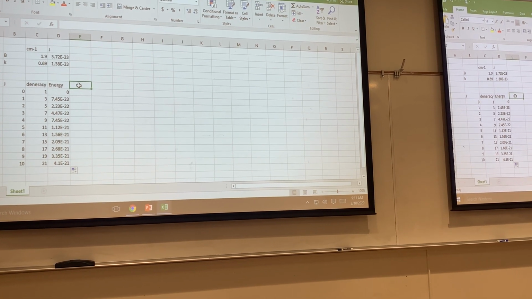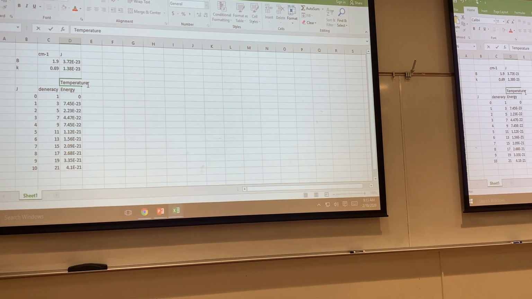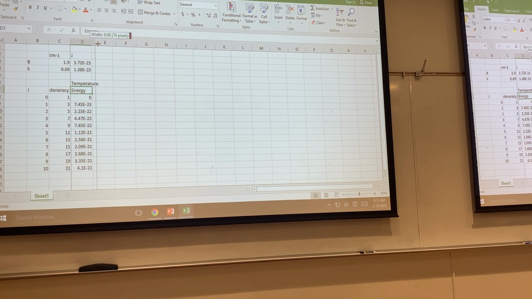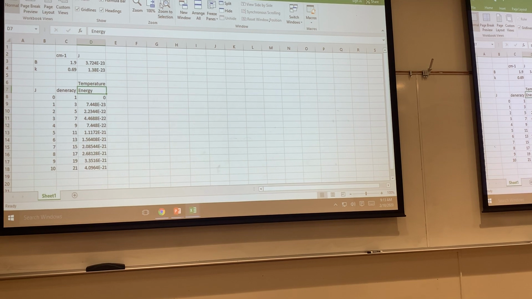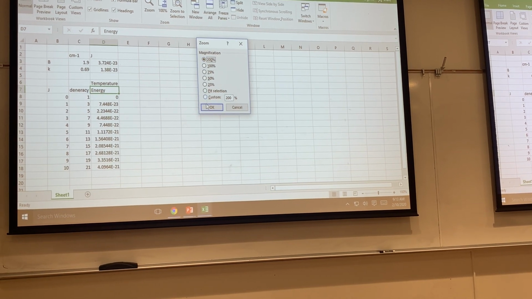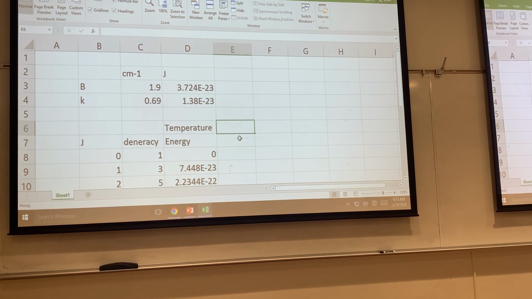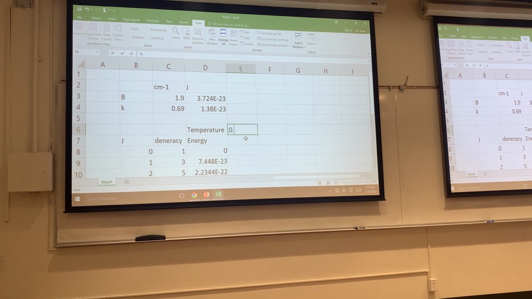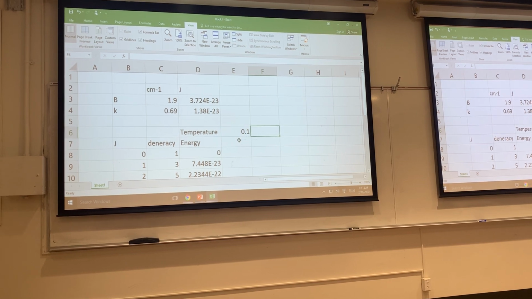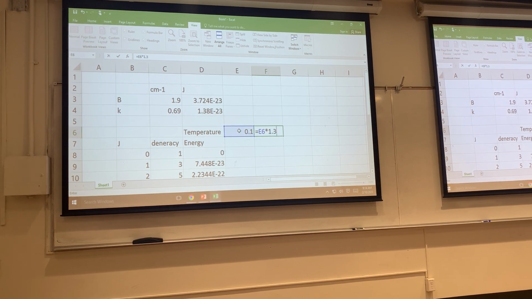So now I can worry about the temperature, so that you can see what I'm doing. Let's worry about the temperature over here, and let's say I'll start maybe with 0.1 Kelvin. I'm at very low temperatures, and then this is this here times 1.3 or so.